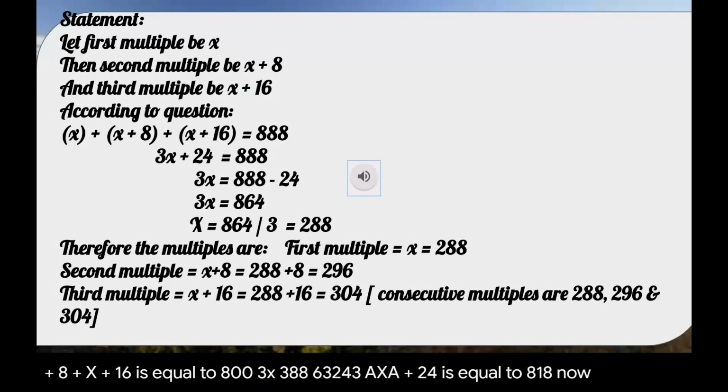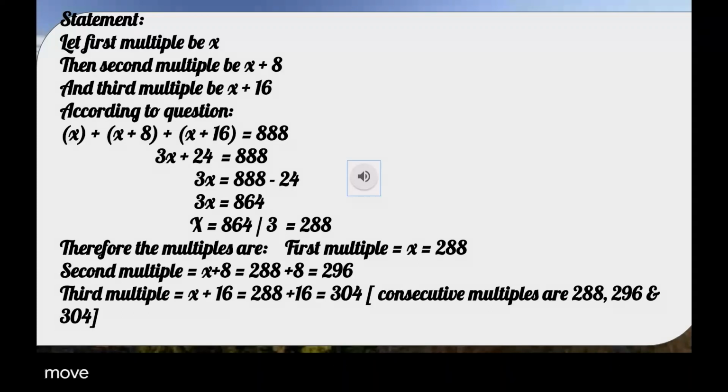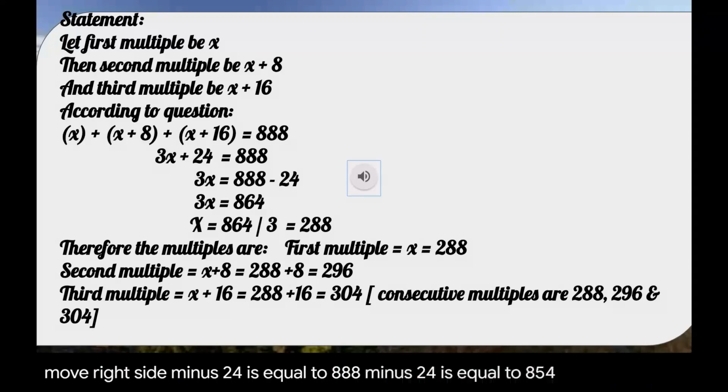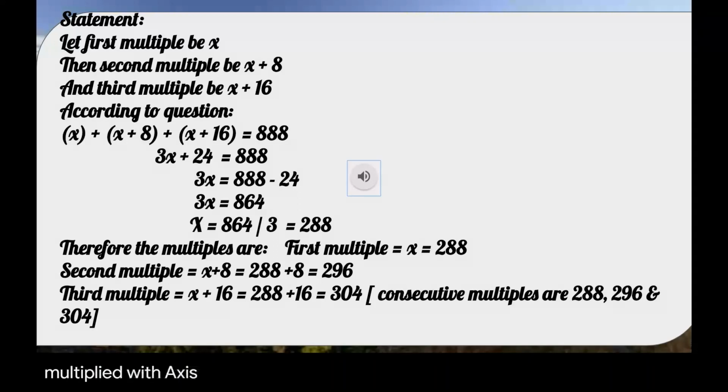Now plus 24 will move to the right side, minus 24. So 3x is equal to 888 minus 24. So 3x is equal to 864. Now 3 is multiplying with x, so it will move as division. So x is equal to 864 divided by 3. That is equal to 288.